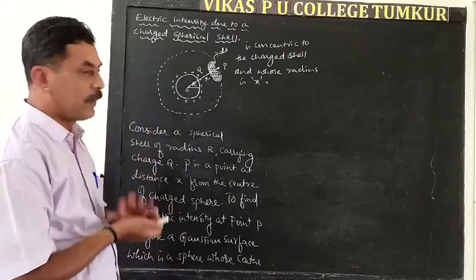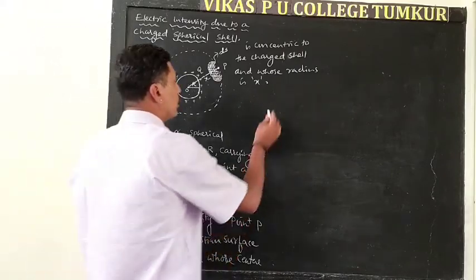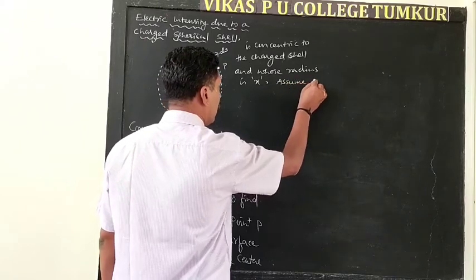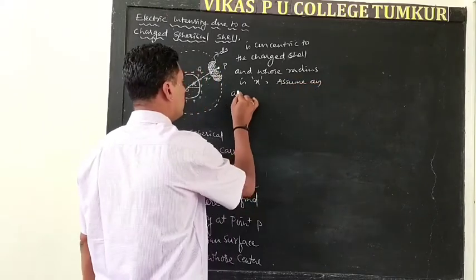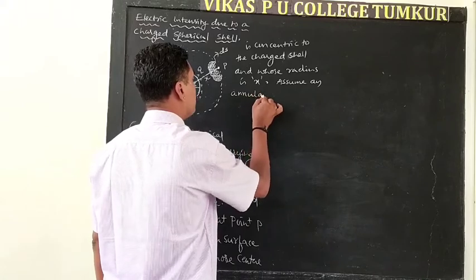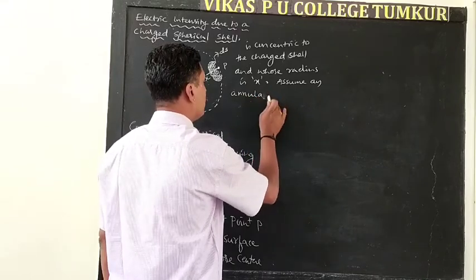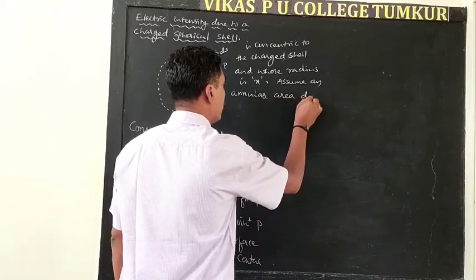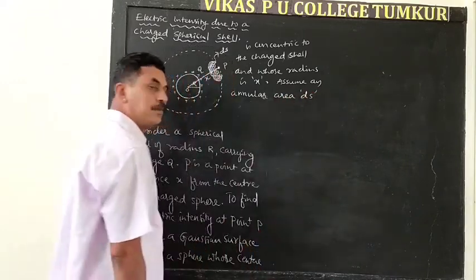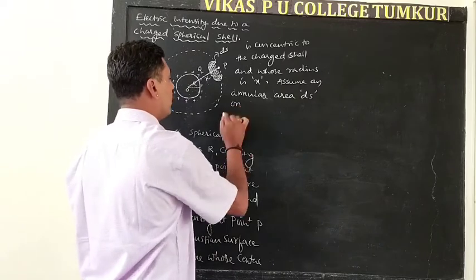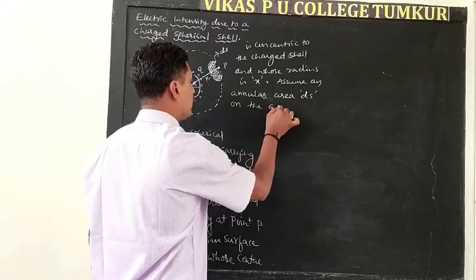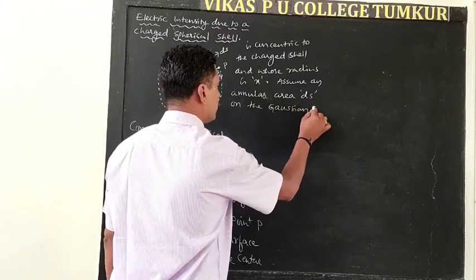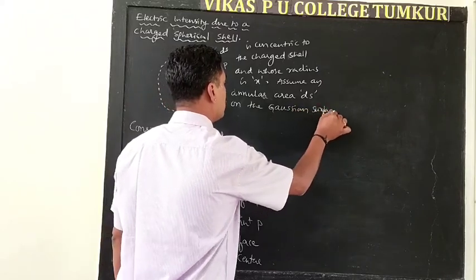You can select it anywhere. So assume a small area ds on the Gaussian surface. So this is it.